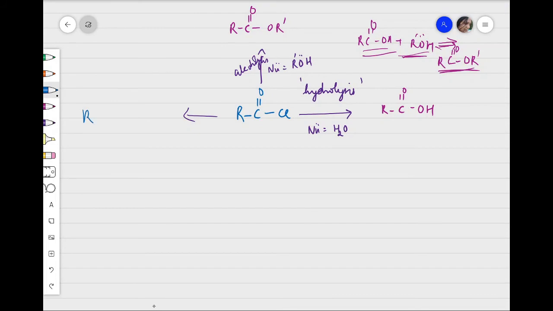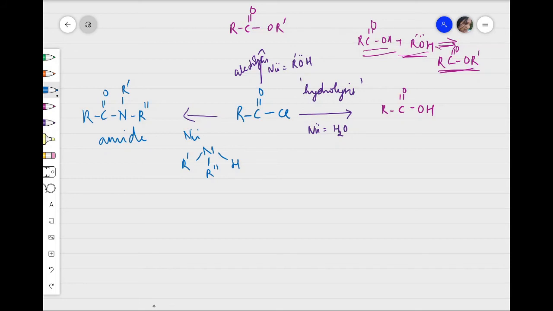Here you will just discuss N, and I can have R dash and R double dash. So this is a typical amide. So what is the nucleophile here? The nucleophile here will be N, R dash, R double dash, H.